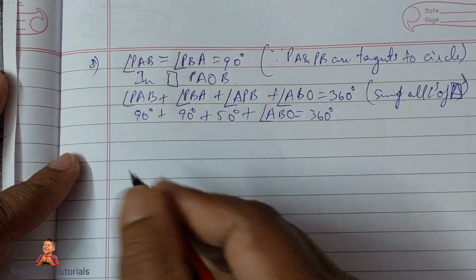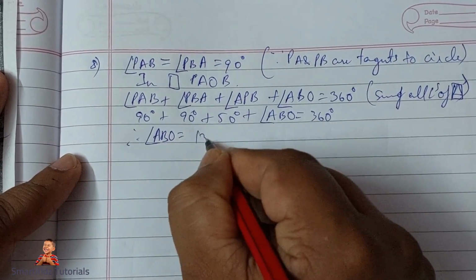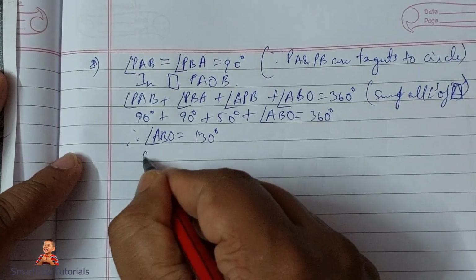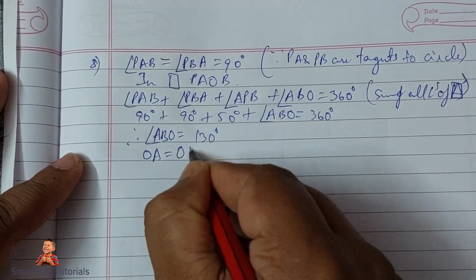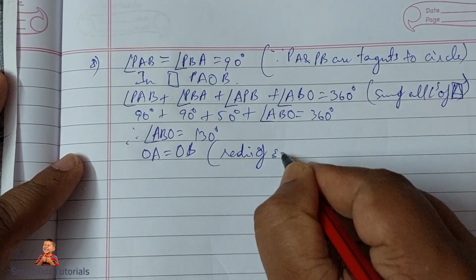Therefore angle ABO is equal to 130 degrees. And we say OA is equal to OB, which are the radii of the same circle.